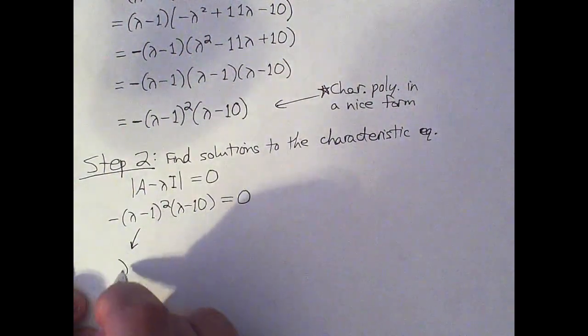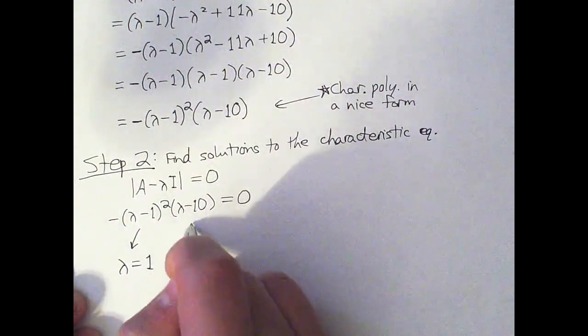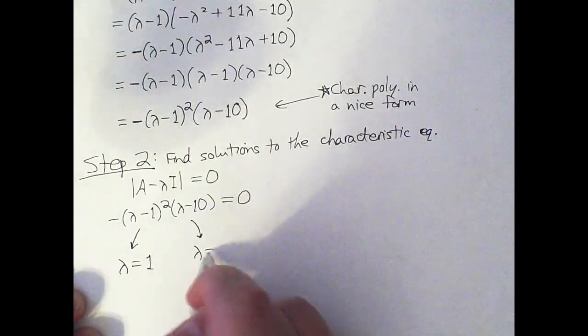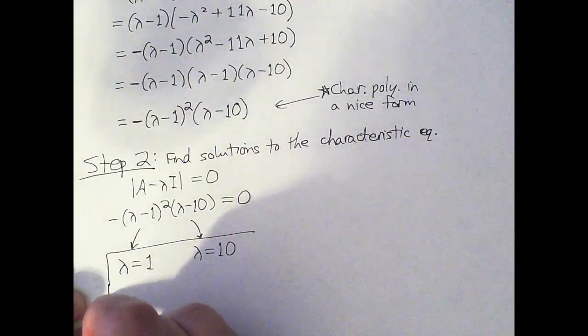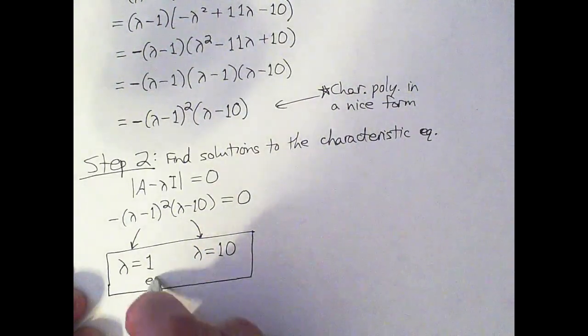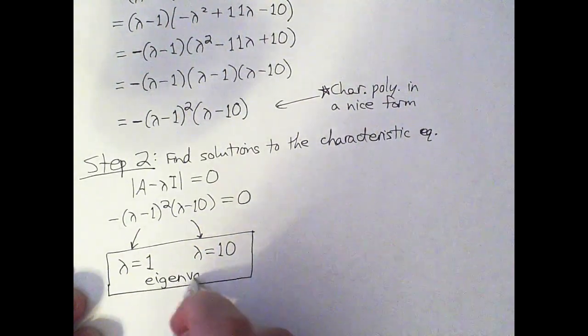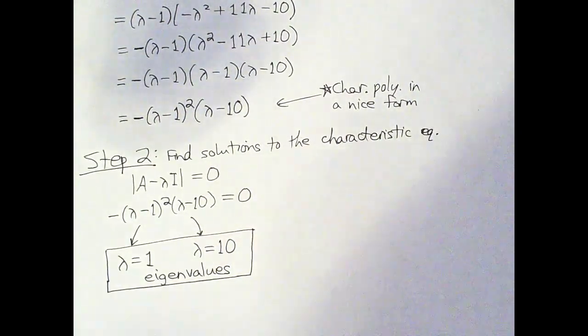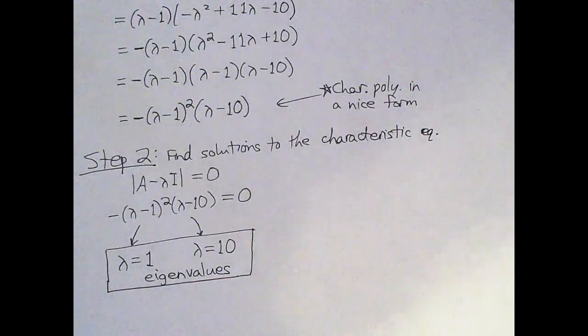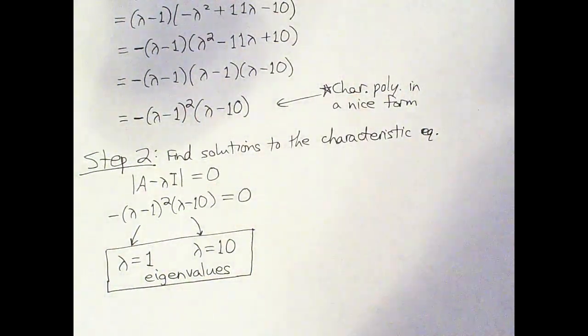From this, I get lambda equals 1, and from this, I get lambda equals 10. And these are our eigenvalues. So there are 2 of them. That's it for step 2.